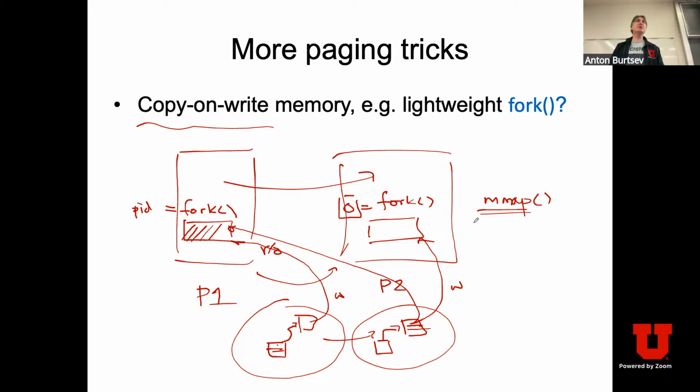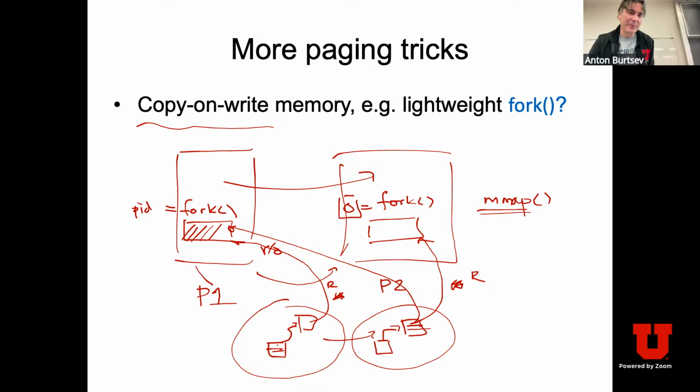Yeah, so you have to make sure that everything that was mapped writable in both parent and child is mapped read-only. You also have to implement metadata structures in the kernel to keep track of what was originally read-only and what was read-write, so you don't accidentally upgrade read-only pages to writable pages later on. But essentially, the idea is that you originally map everything as read-only in both parent and child.